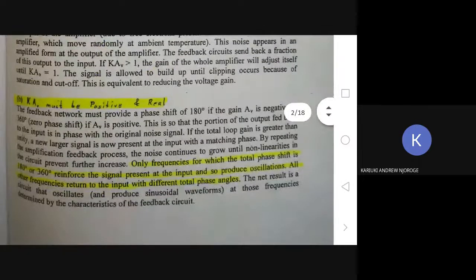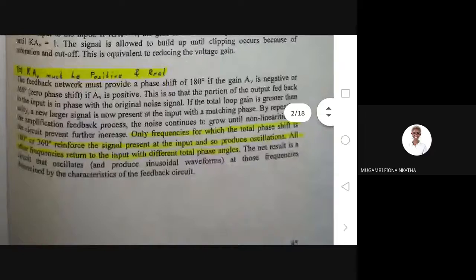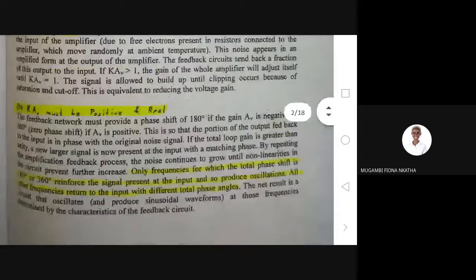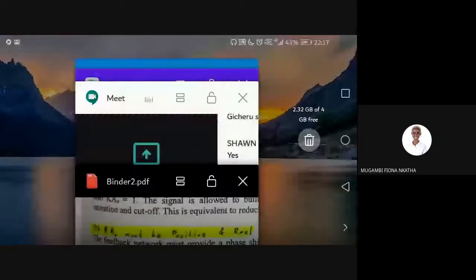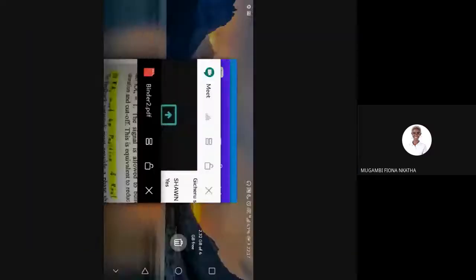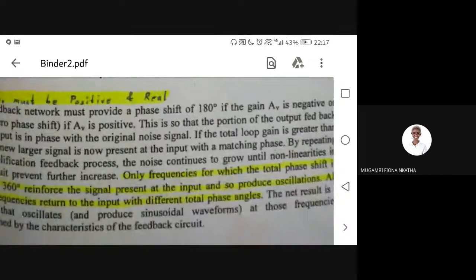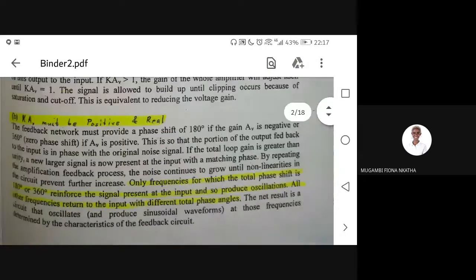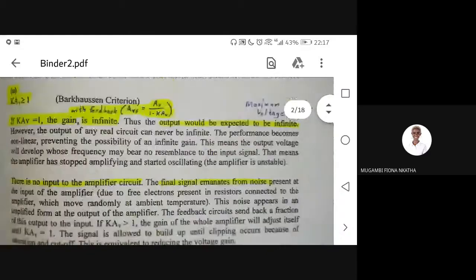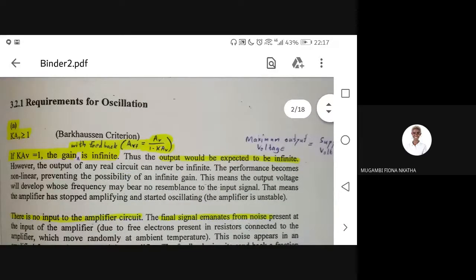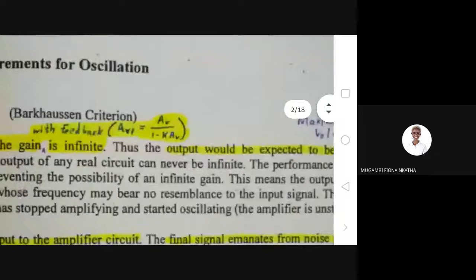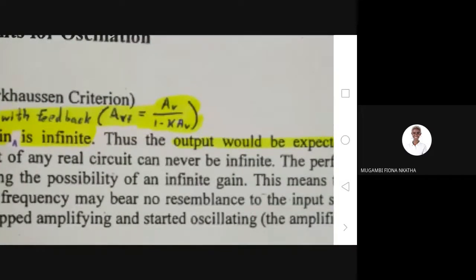Is there a question? Yes, when you're explaining the whole thing about the output being infinite, why can't it be infinite? Okay, see from this equation, AVF is supposed to be equal to AV over 1 minus KAV.